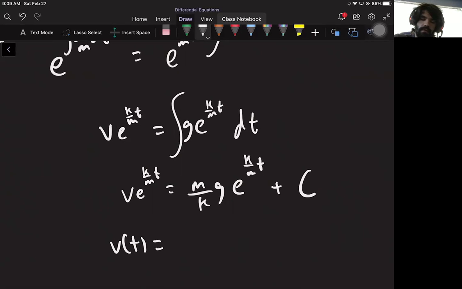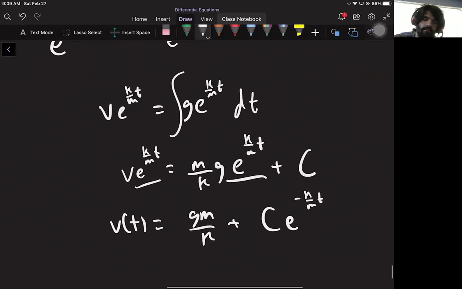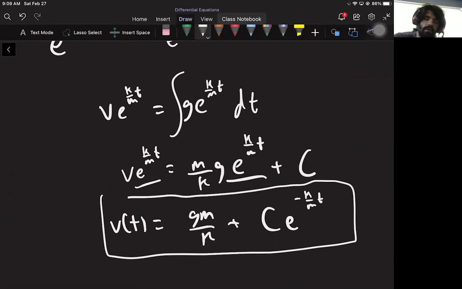If I divide by this, I'm going to write it as gm over k. This thing will cancel with that when I divide it. And then over here, it'll be underneath, so it'll have a negative power. And I'll get that. So this tells me the velocity at any time t for a falling object in the presence of air resistance.